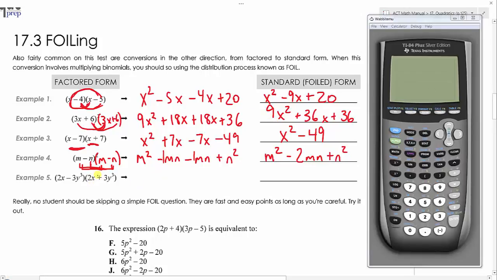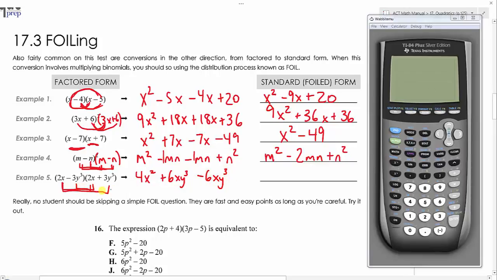This one gets a little bit ugly, but fortunately we have another difference of squares here, so some things are going to cancel out. So let's take a look at this. First terms is 4x squared, and outer terms is going to be 6xy cubed. And then the inner terms here is going to be negative 6xy cubed.